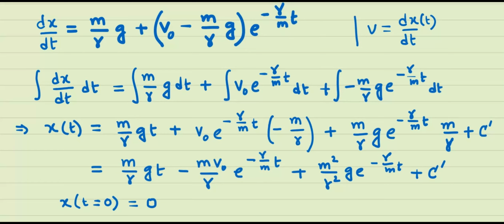So then our equation would become 0 equals, on the right hand side, negative m v naught divided by gamma, and then e to the power negative 0, well, this whole factor is 1, and then we have plus m squared over gamma squared times g, and then plus c prime.